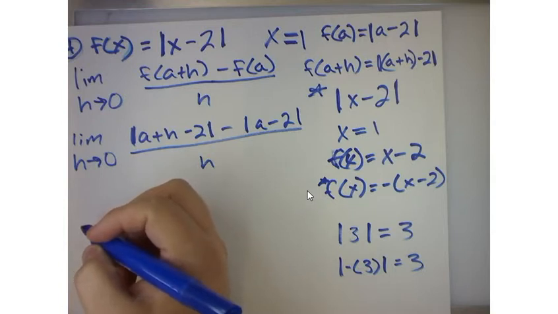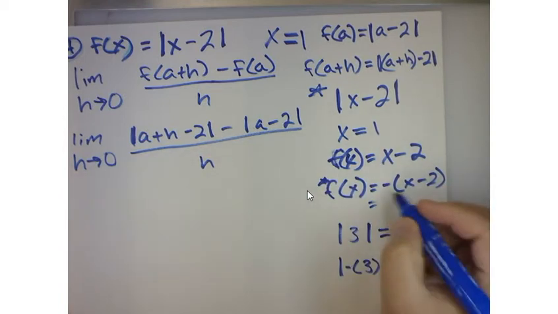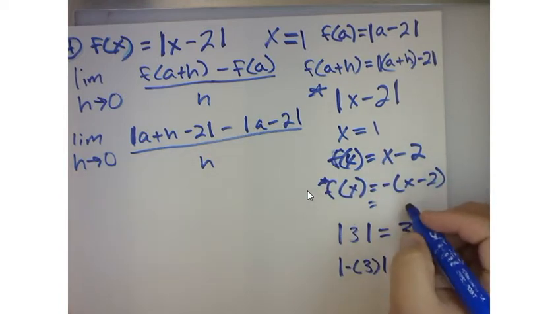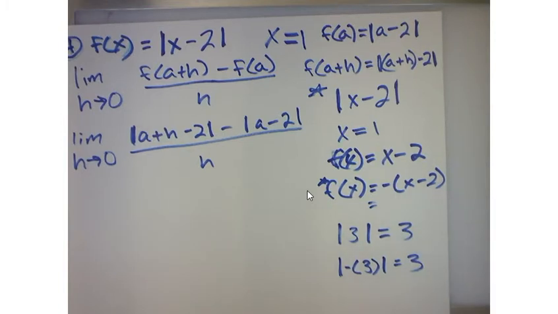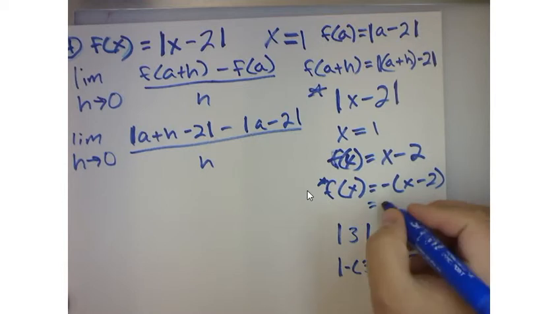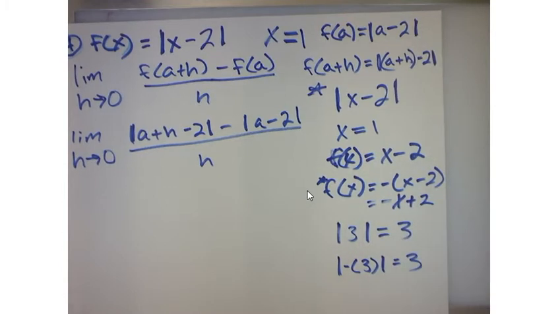Can you just plug in? So now, well, wait. If I push this through, oh wait, I wrote this down wrong. Is it x minus 2 or 2 minus x? It's x minus 2. So if I push this through, I would get negative x plus 2, right? Yep.